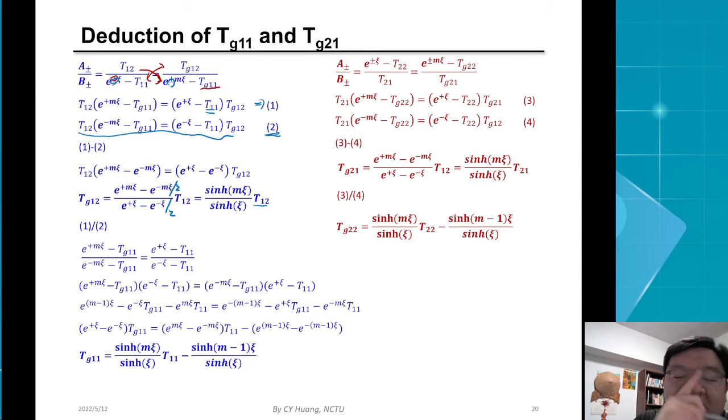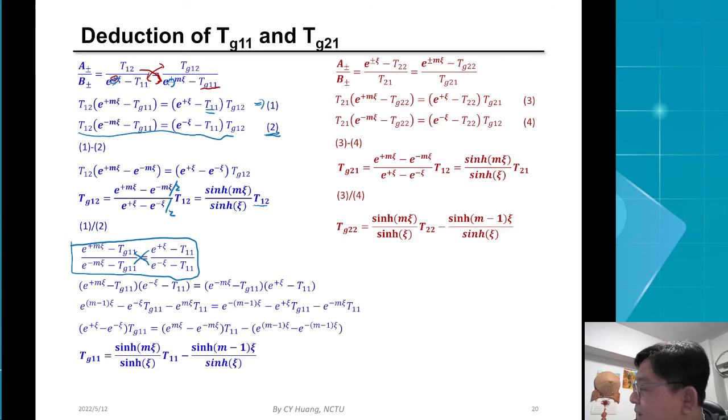Then we can also try to divide 1 with 2. Then we can eliminate the T12 and the TG12. Then we have a relation like this. We repeat similar steps, multiply it, and equate both. Then do a sequential rearrangement.